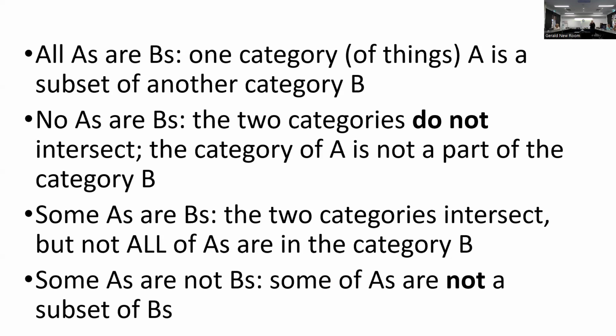They are two different categories, because category A is not part of category B. Some A's are B's: they do intersect, but not all of A's are in category B. So some A's are not B's, some A's are not a subset of B's. Just be careful about this.